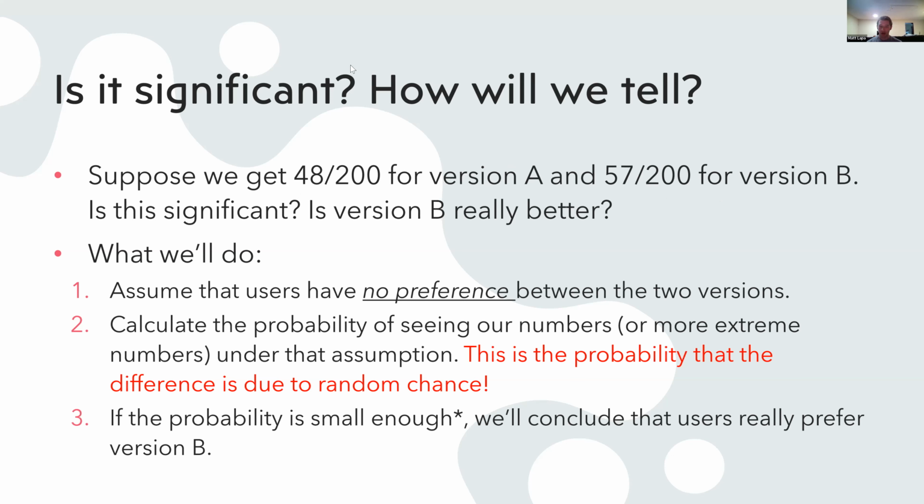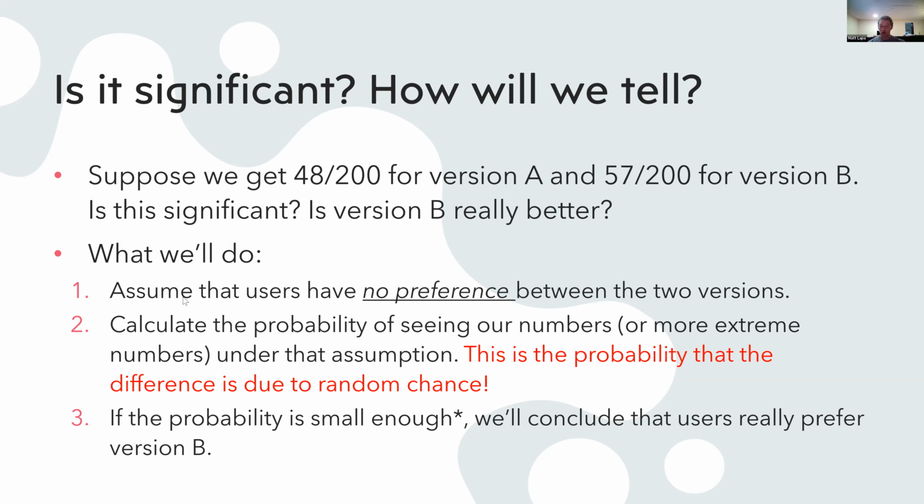And for that, I just want to describe the main ideas of the analysis that you would do to make that decision. The main idea is you follow the idea that what if these results are just due to random chance, and there's actually no difference really in how many people will click this button between these two versions. You're going to follow that idea and try to quantify it.